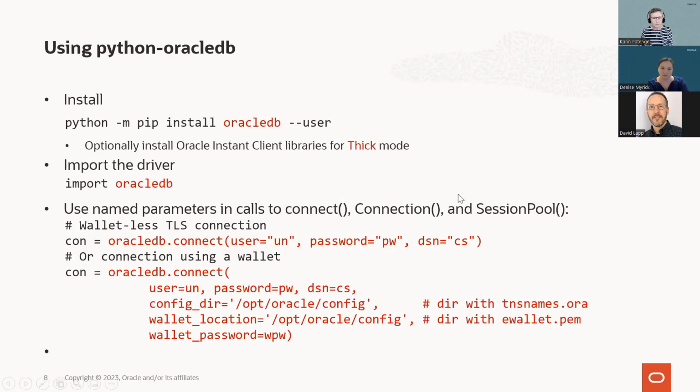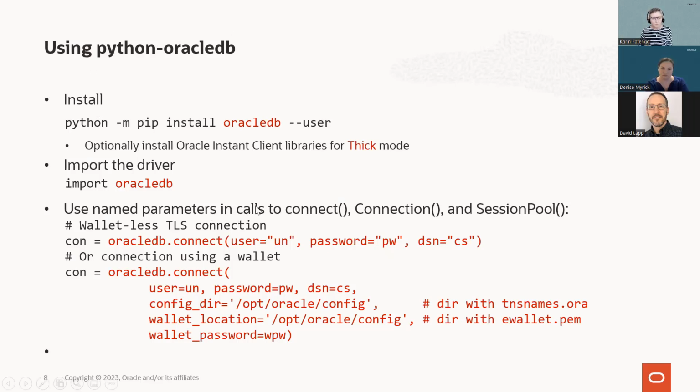There is a simple installation using pip to install that driver, and here you see that even though the new name is Python-OracleDB, the actual package is called OracleDB, and the way you install it is how you can see it here.